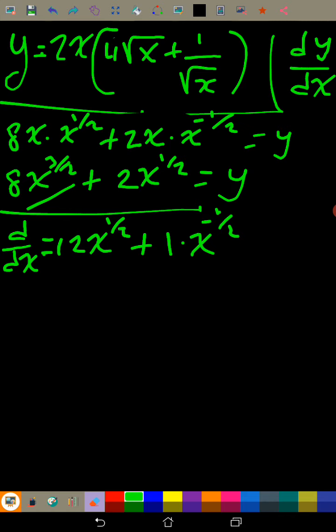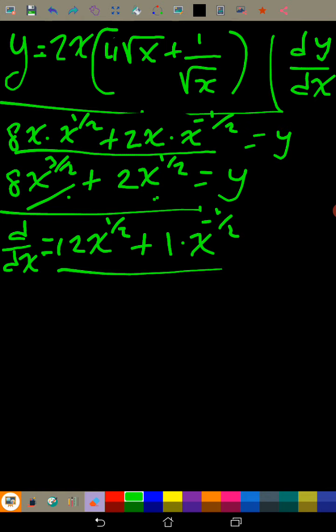We almost got to something like this, except that the coefficient is smaller here, and here it's bigger, but the power is smaller.